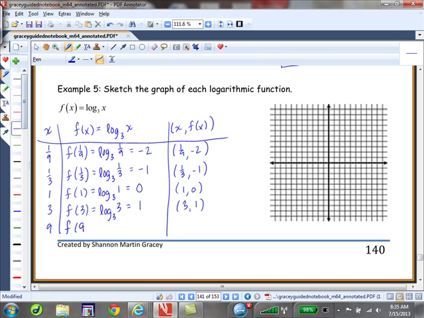F at 9 is log base 3 of 9, so the power to which we raise 3 to get 9 is 2. So we get 9, 2. And remember, this is the reflection of the graph y equals 3 to the x across the line y equals x, so you can also do it that way. Here we go, this is x and f at x.